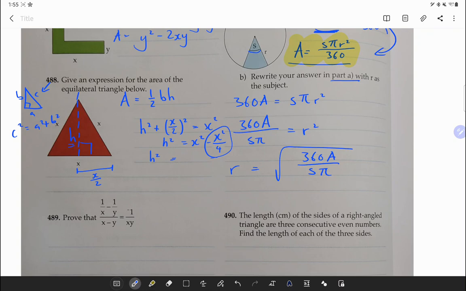Remember, this whole thing here is the same as that. If you're not quite sure why that's the case, we have to go back to how fractions work, multiplying and using fractions. Have a look at that stuff, but I'm not going to explain it all here. That being said, it should be 3/4 x squared.